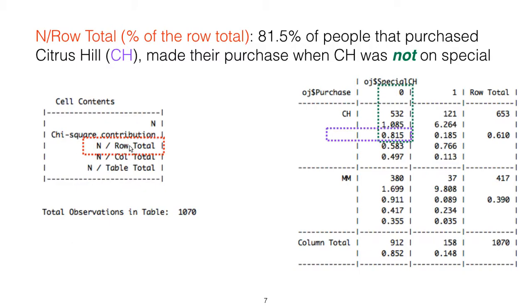I'm going to go with the third one, which is N divided by row total. N is 532 divided by the row total, 653, which gives us 0.815. We interpret this as 81.5% of the people that purchased Citrus Hill made their purchase when Citrus Hill was not on special.